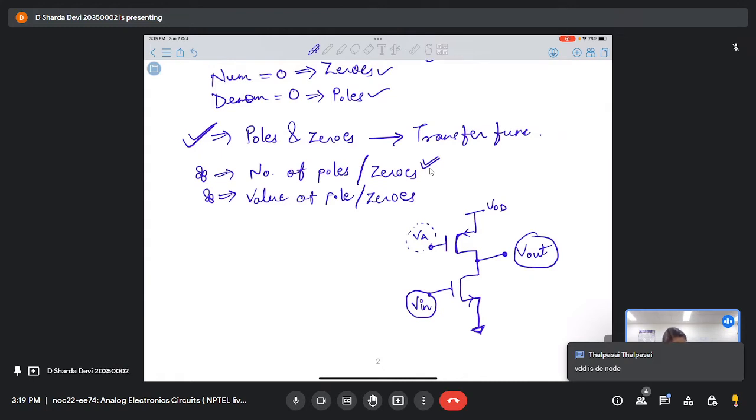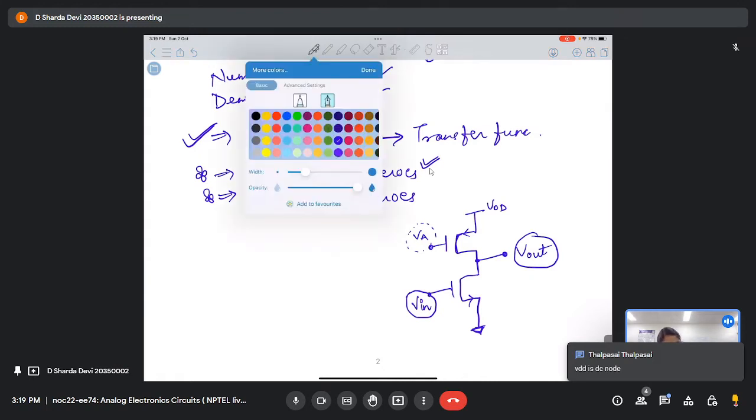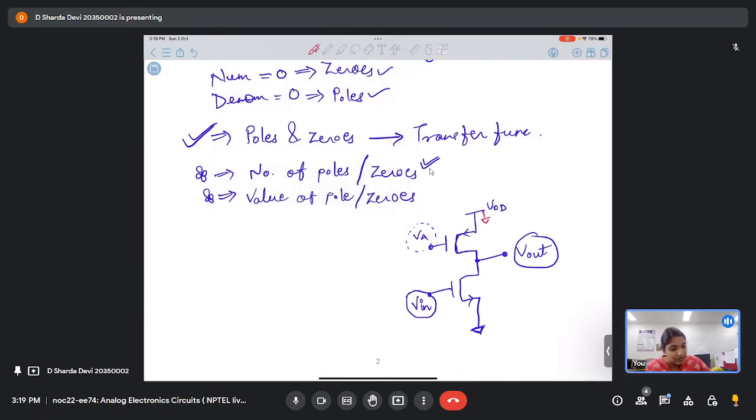Yes, correct. Your VDD is DC ground, sorry, AC ground. This is AC ground, that is correct. But what about VA? DC. Yeah, this is a DC. So this is not an AC node. Okay, so this is also at AC ground, right?